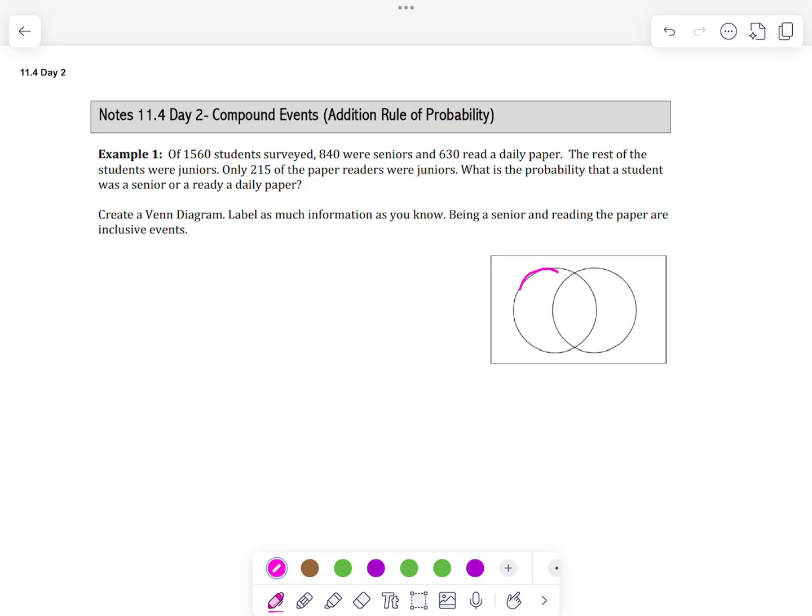So this first event is going to be seniors. And the total for that circle is 840. The second event is students who read the paper, and there are 630.